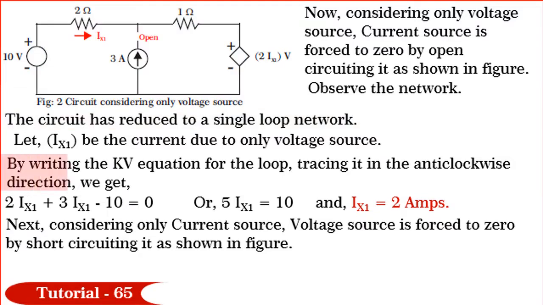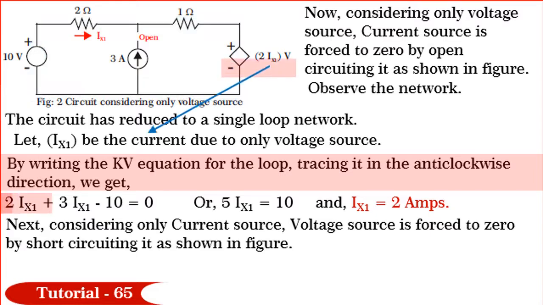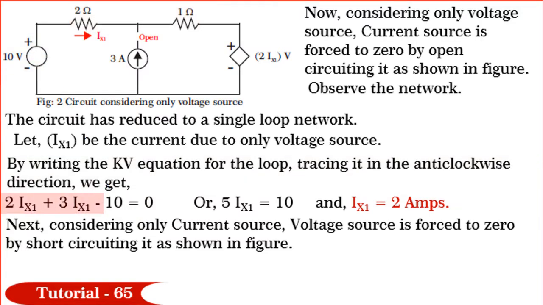Hence, by writing the Kirchhoff's voltage equation for the loop, tracing it in the anti-clockwise direction, we get 2 times Ix1 plus 2 plus 1, 3Ix1 minus 10 is equal to 0. By solving this simple equation, we get Ix1 is equal to 2 amperes.